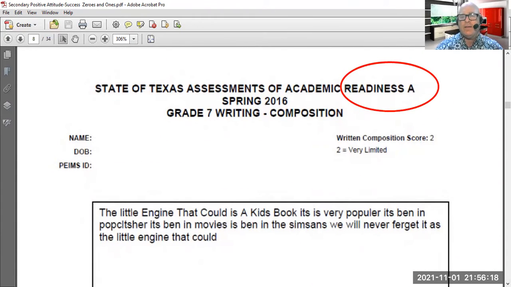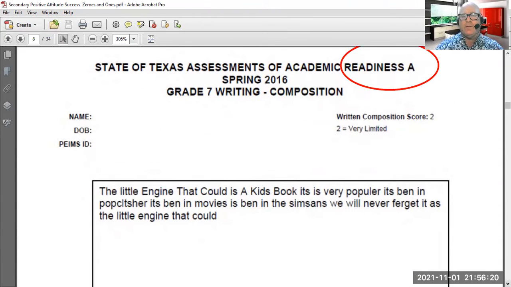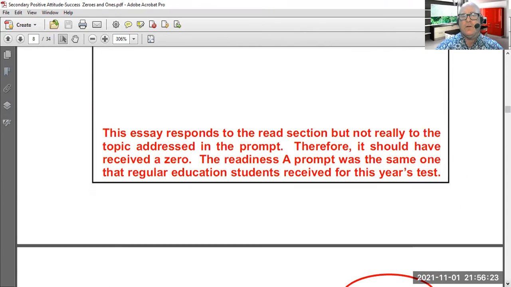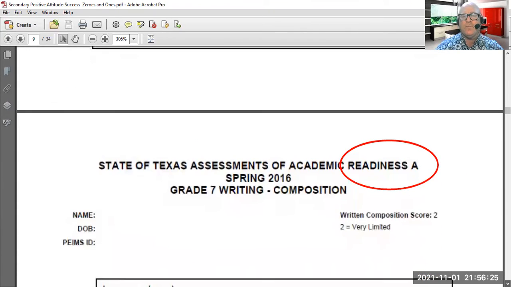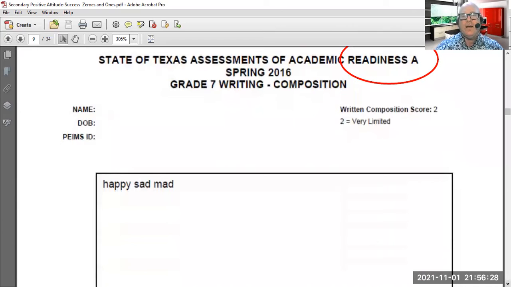And so back then, the standards might have been a little bit different. I'm not entirely sure. And so I only see 3 words here.